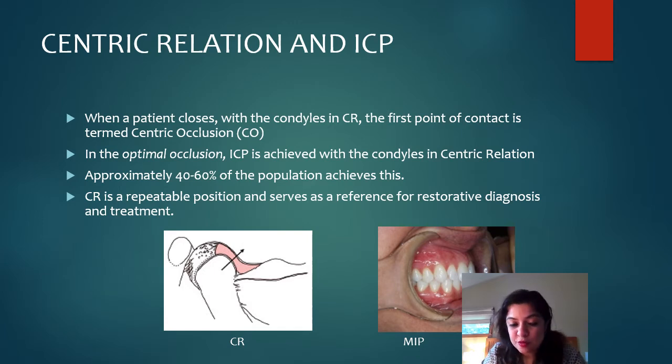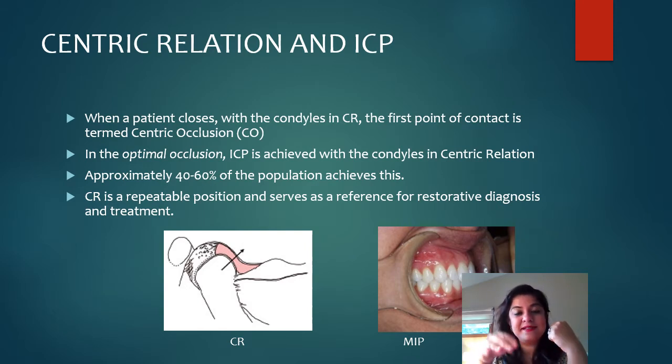Now, centric occlusion and centric relation can be different for different people. That's why your dentist would have told you that your bite is off. Saying the bite is off means that the centric occlusion and the centric relation are not in the same dimension.